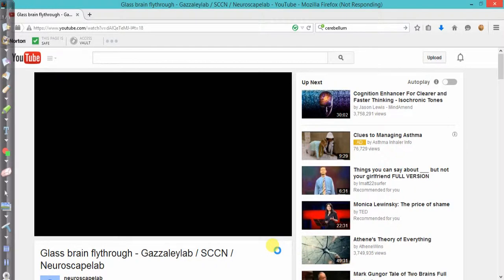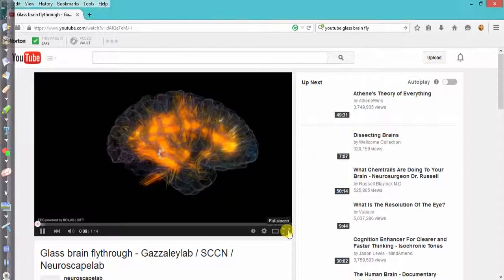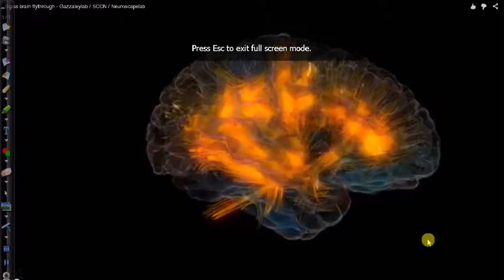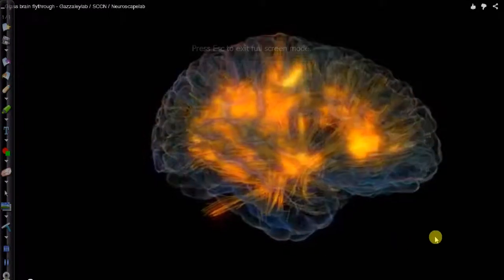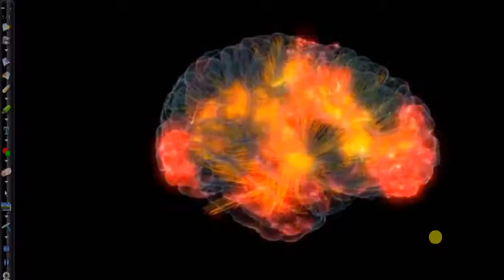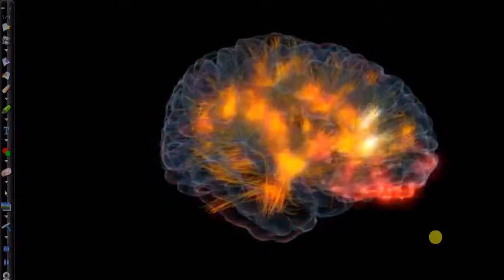It's a cool view. It's worth it. Okay, I think it's going to work. Here we go. Again, what you're seeing here, all of the firing, is showing you different neural activity.